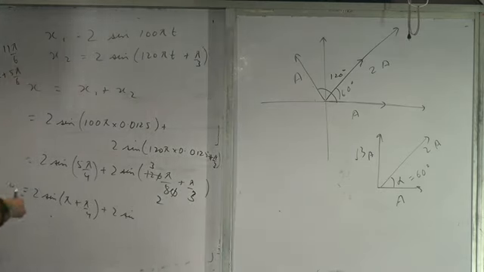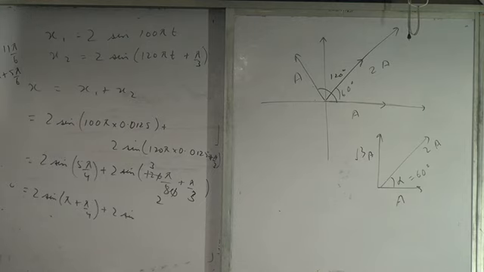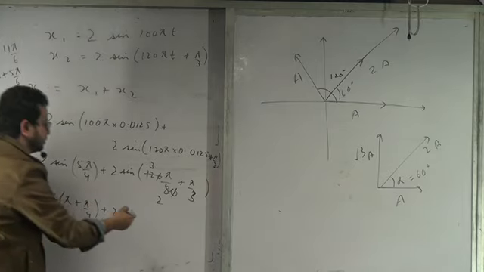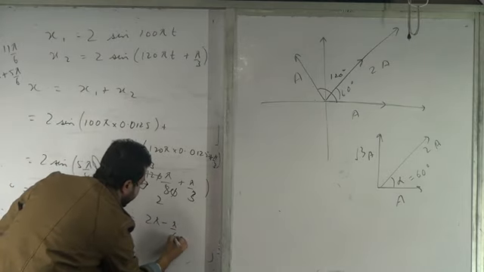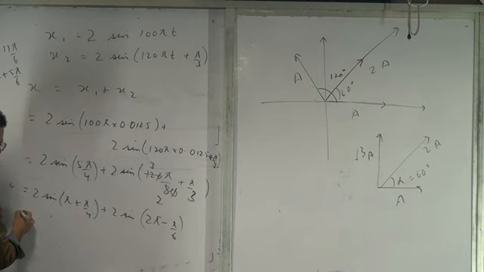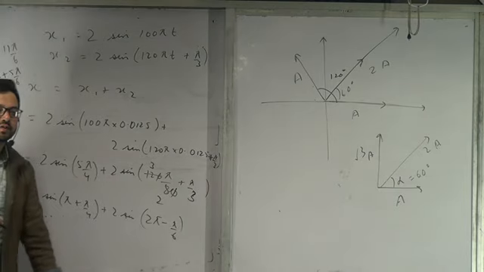Okay. Or we can write it as 2 pi minus pi by 6. That will be better. 2 pi minus pi by 6. This will be better. So pi plus pi by 4 is what?